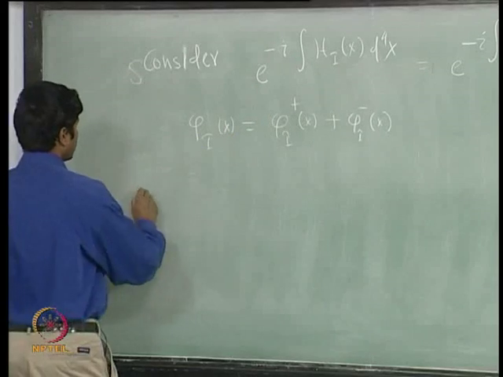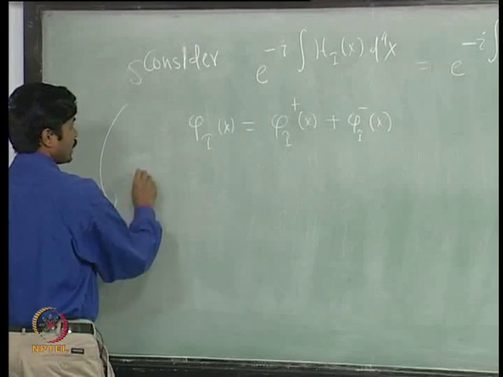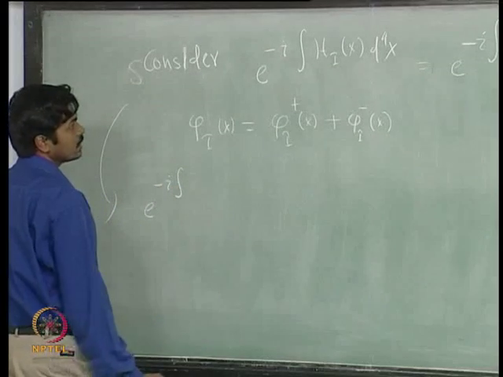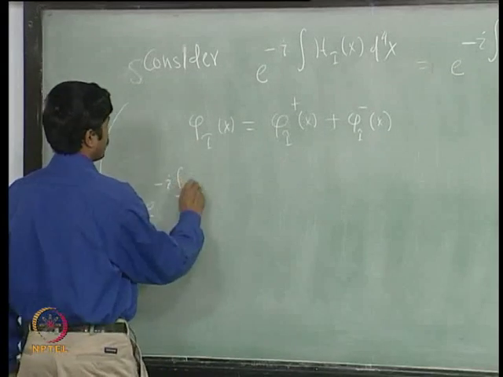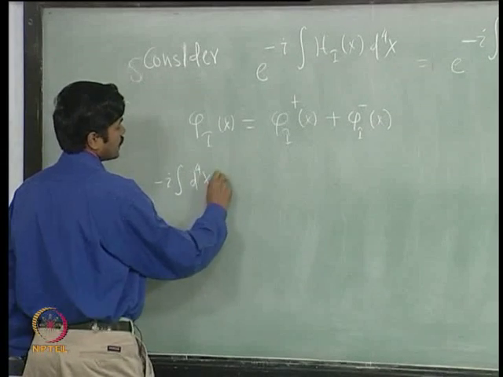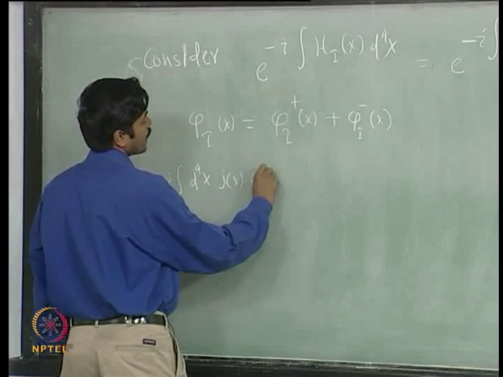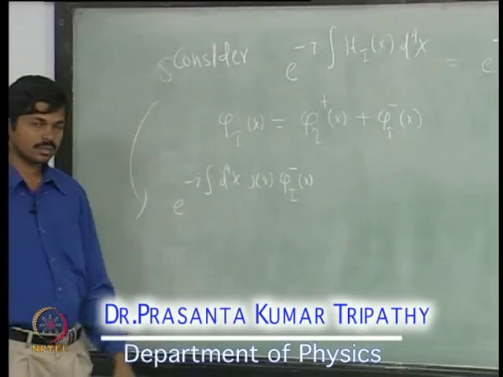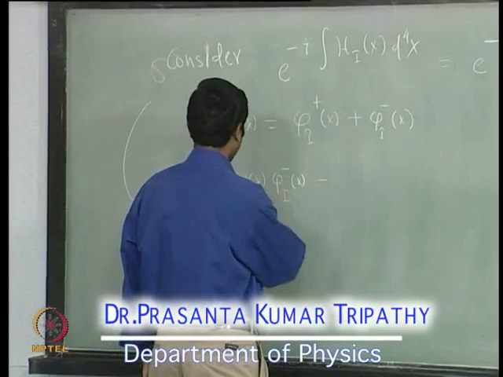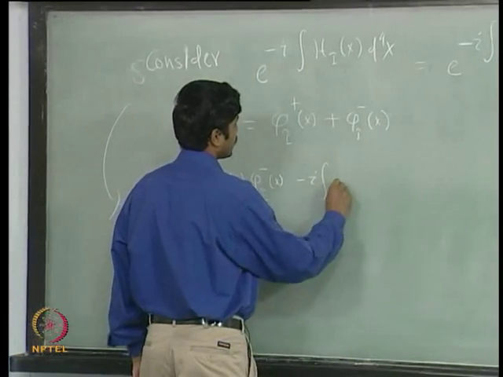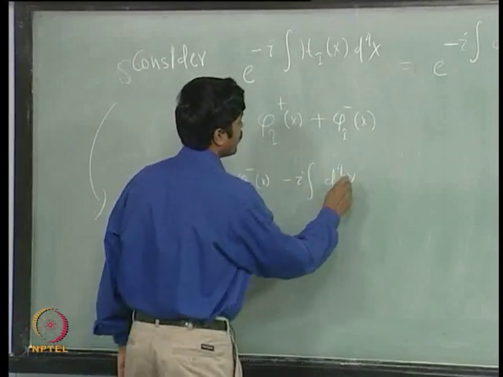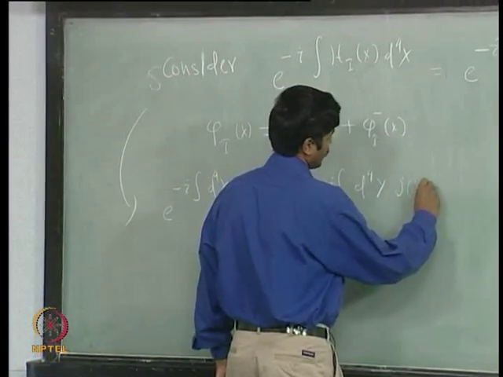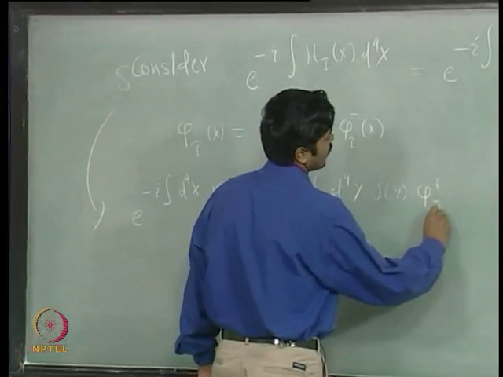So, again the first term becomes e to the power minus i integral d4x j of x phi minus of x, plus again i integral d4y j of y phi_I plus of y.